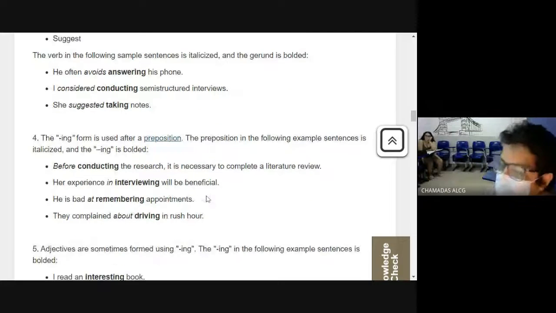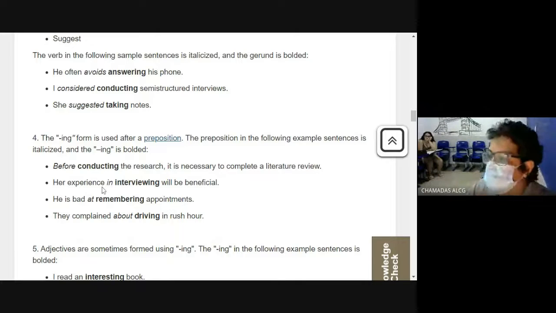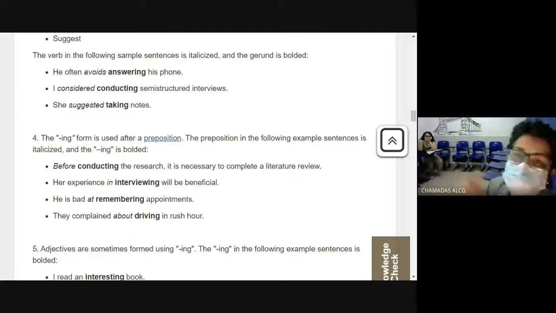So we also have the gerund or the ing form after prepositions, okay? So whenever I use a preposition in a sentence, and after the preposition I want to use a verb, I have to change this verb into a gerund.